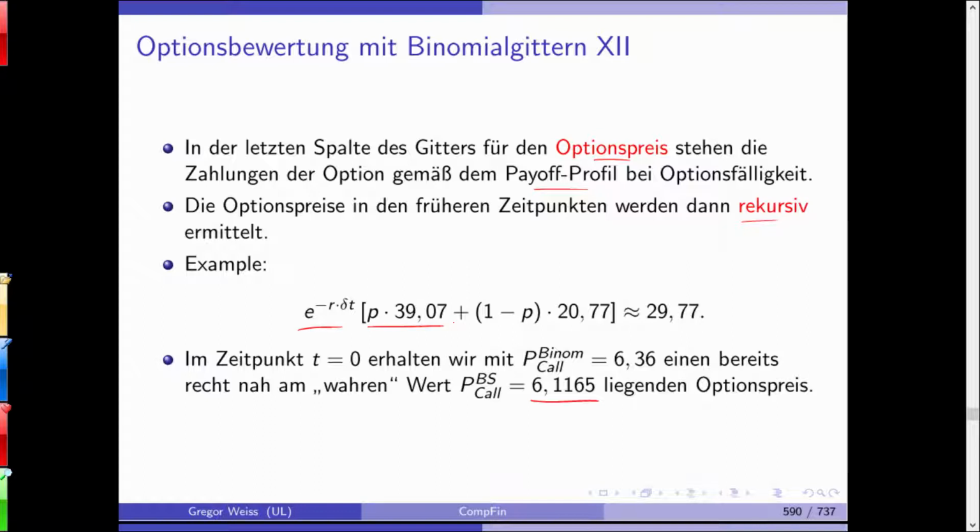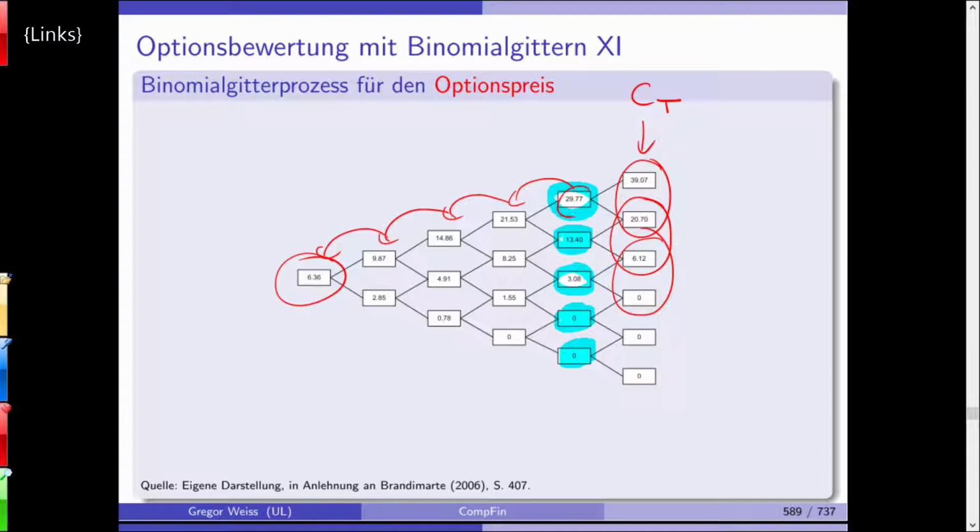You need the probabilities, the risk-neutral probabilities as weights, and then obviously you are taking the risk-free rate and do continuous discounting, and then you get those 29.77, which is this value here.